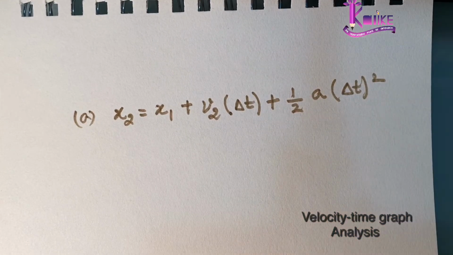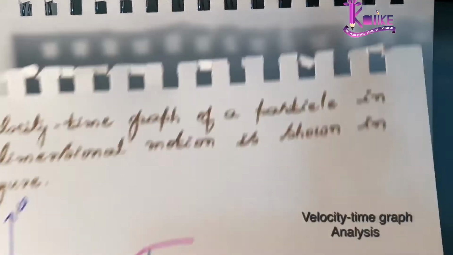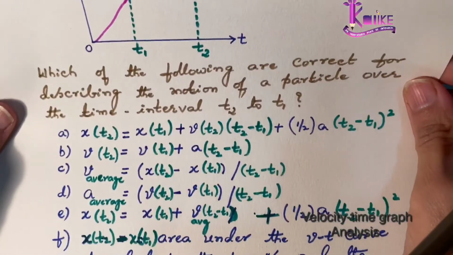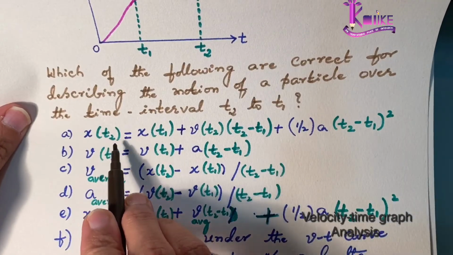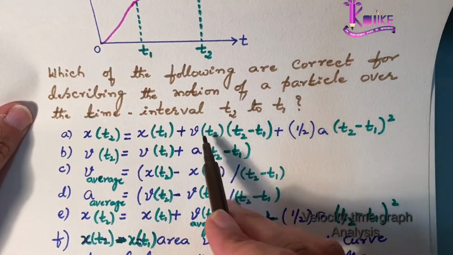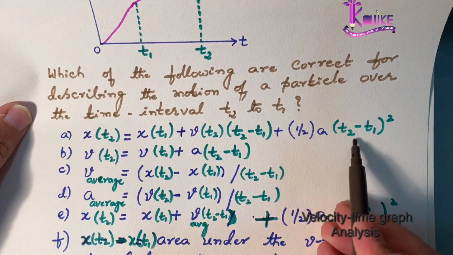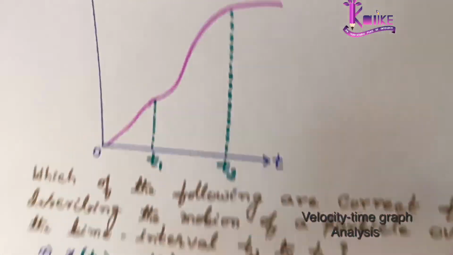Now let us compare it with what was given: x of t2, x of t1, v of t2, t2 minus t1, half a delta t whole square. So I have just rewritten it.